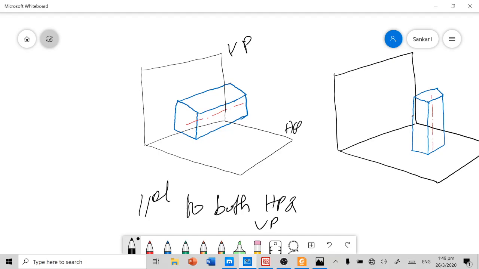In that, you should not consider the relation between any of the side edges, base edges or face edges of the solid against VP and HP. You need to consider only the location of the axis with respect to VP and HP. Here the axis is parallel to HP and VP. This case is nothing but axis parallel to both HP and VP.